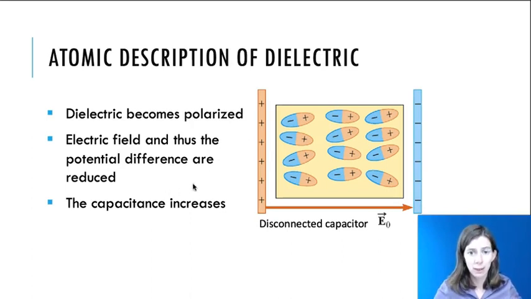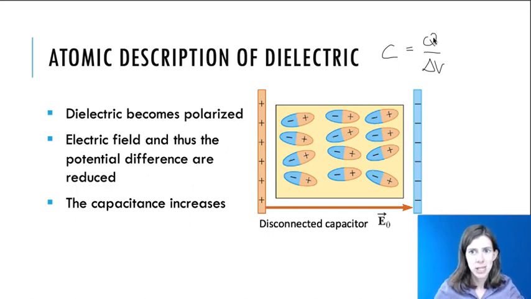So how do we know this? Well, the equation for capacitance is capacitance equals charge per potential difference. And when your capacitor has been disconnected, then the charges cannot move around. The positive charges are staying on this plate on the left here. They have nowhere to go. It's not connected.